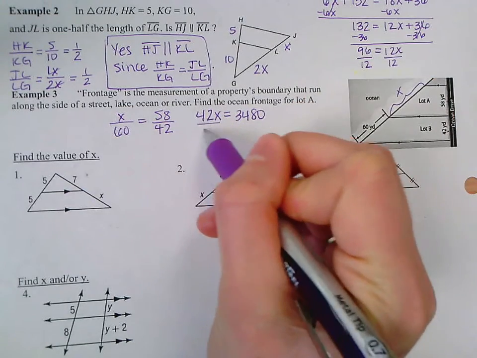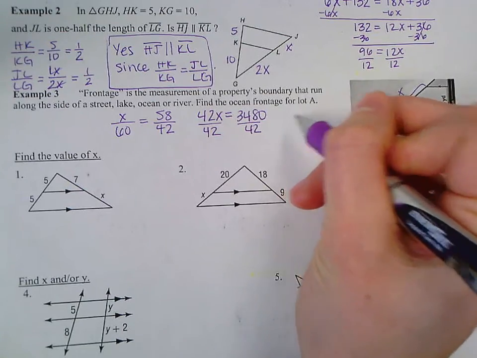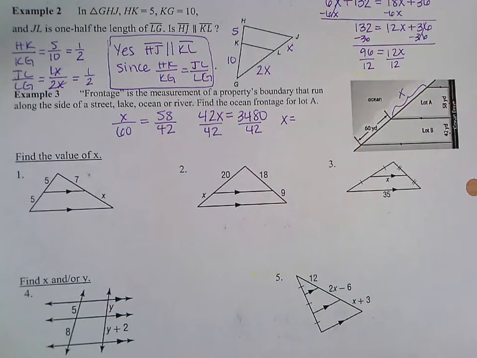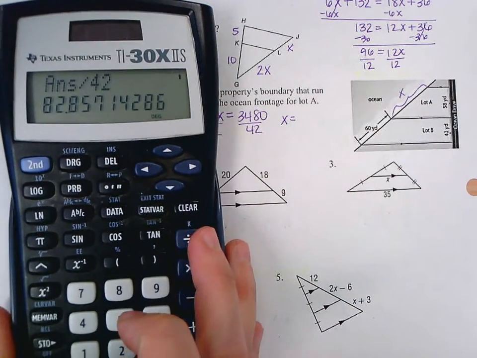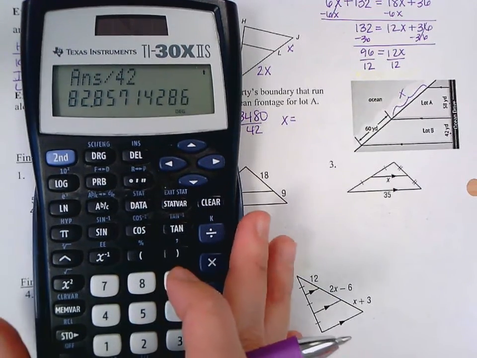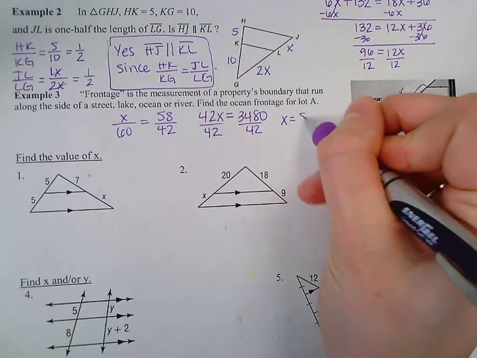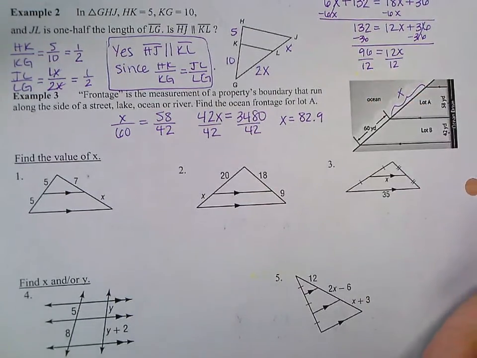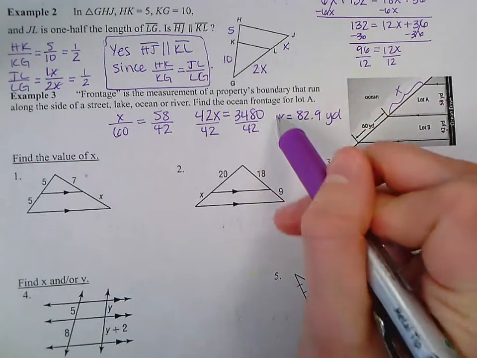And then if I divide by 42, then x would equal, getting a decimal, so I'm going to round it to at least one decimal place. I got 82.857 and so on, so I would call that 82.9. And it was giving me yards in the problem as a unit, so I'll put yards after it.